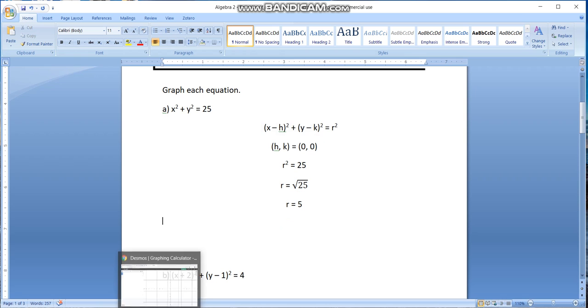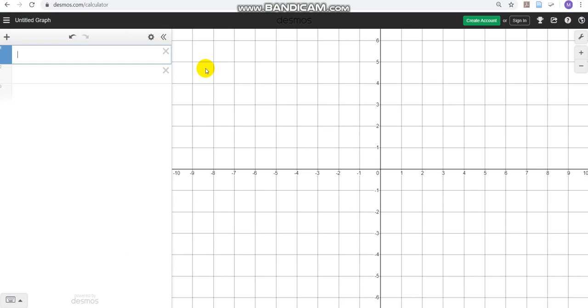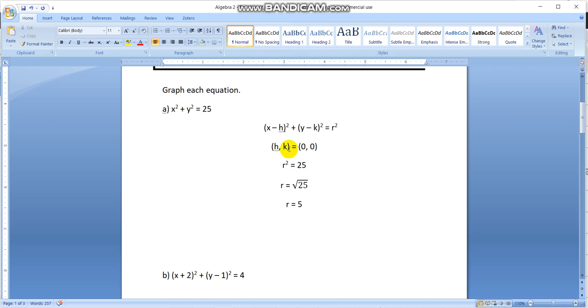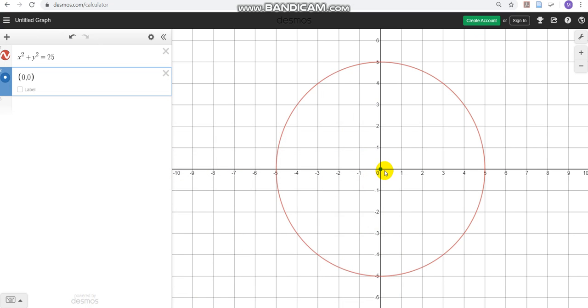Now we're going to graph that function, x squared plus y squared equals 25, and plot the center of the circle. The center we said is 0, comma 0. You see this here? This is the center of the circle.